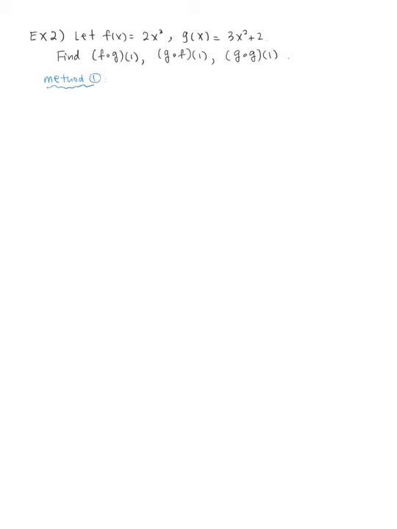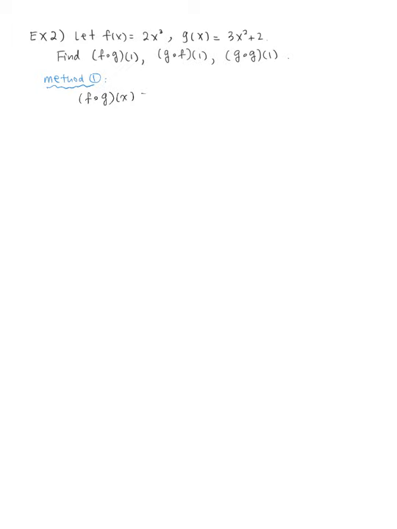Method 1 is to compute f of g of x, then plug that 1 into the resulting function. So first, let me go with f of g of x. Then after we compute that function, we're going to replace x with 1.